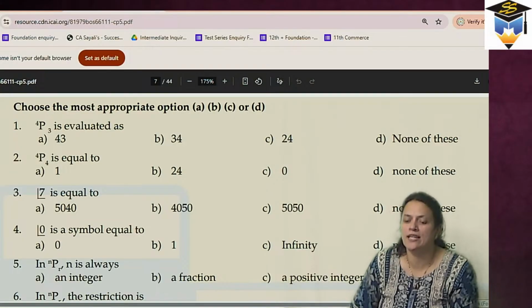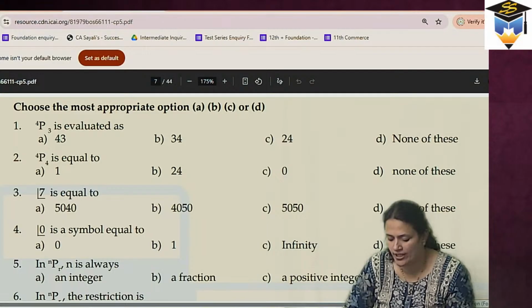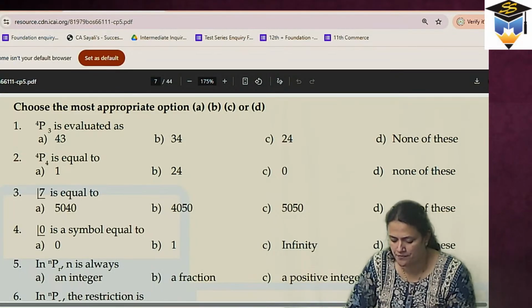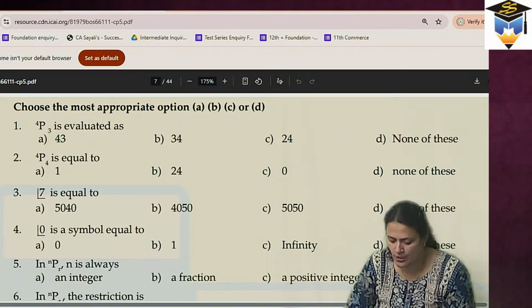So 4P3 is evaluated as, tell me the answer one by one. 24, option C. Next, 4P4 is equal to 4 factorial. So it is going to be 24.